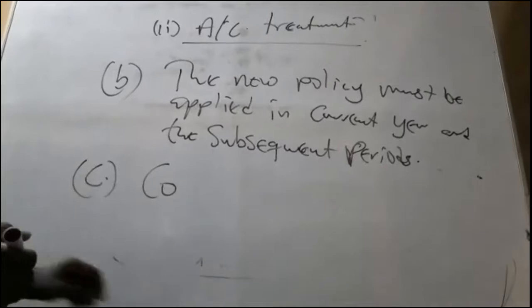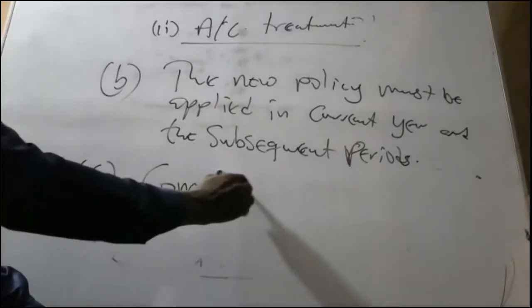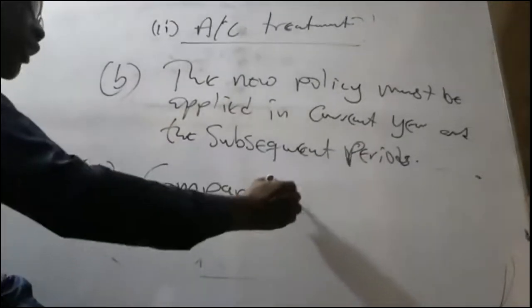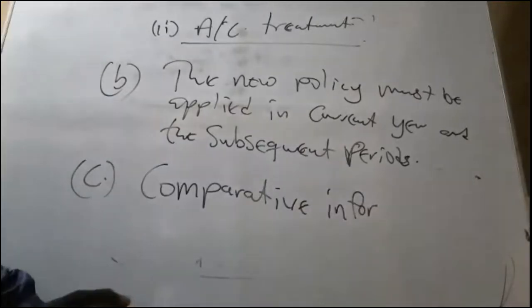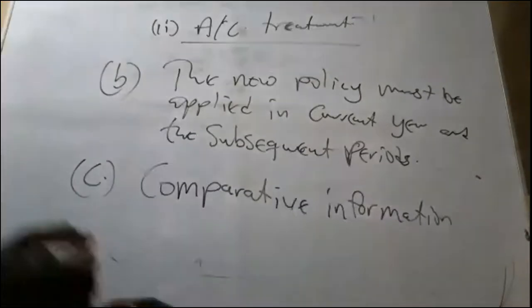Comparative information must be restated. Tell the examiner that anytime there's a change in accounting policy, comparative information must be provided or restated.